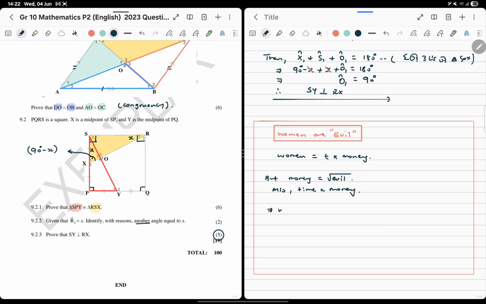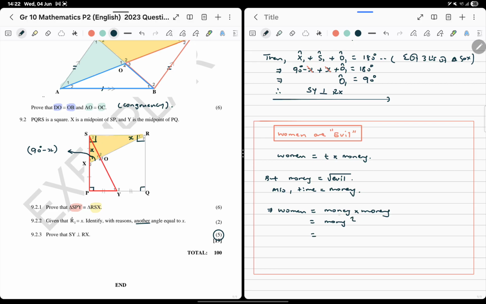So this implies that our lovely, beautiful creatures are basically equal to time times money. If time is money, this is now money squared. They are basically money times money. This equals money squared.